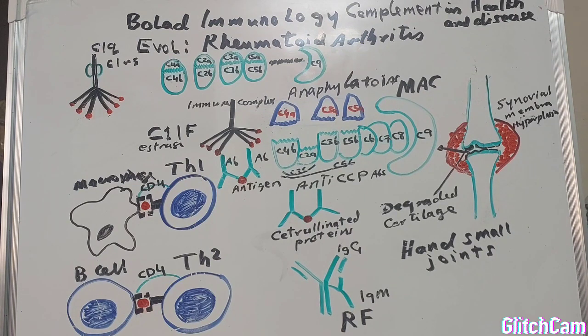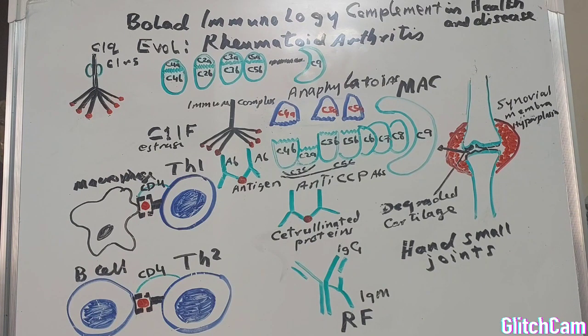So here this is the story of the evolution of rheumatoid arthritis due to activation of the complement by proteins known as citrullinated peptides.